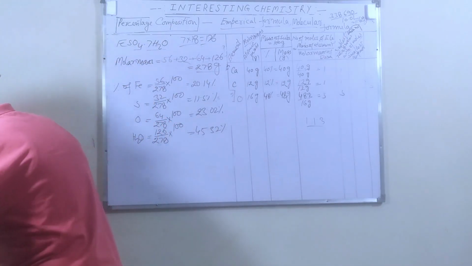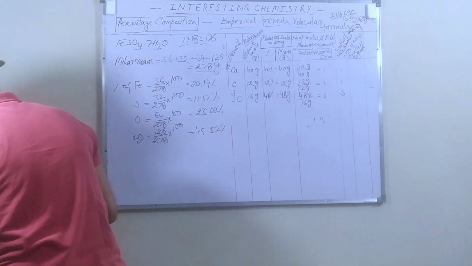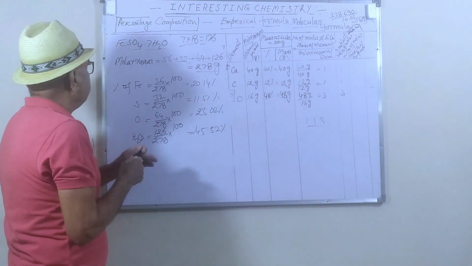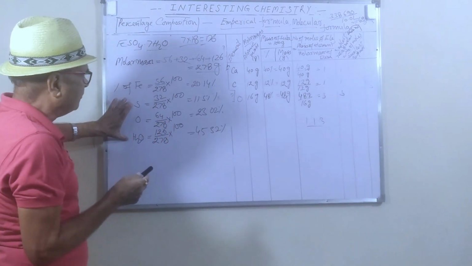These are the percentages of the different elements that are present in the FeSO4.